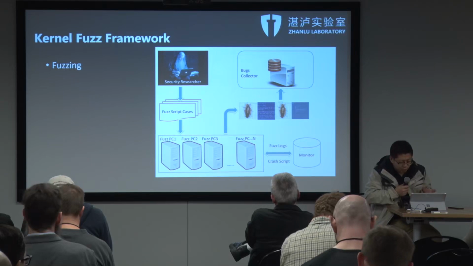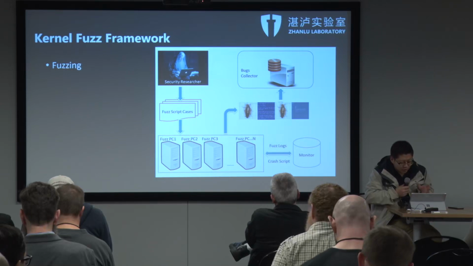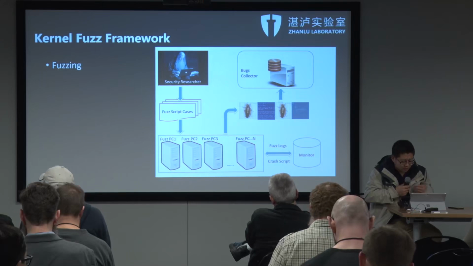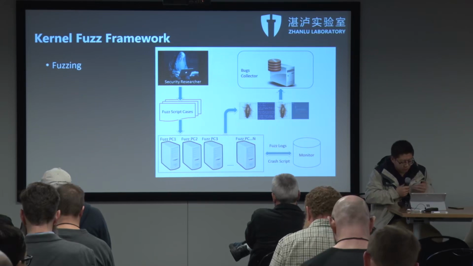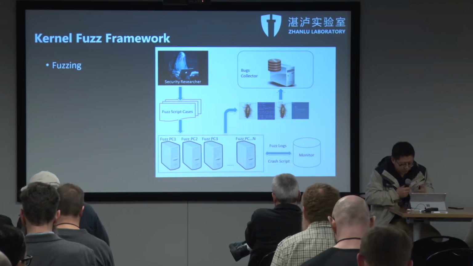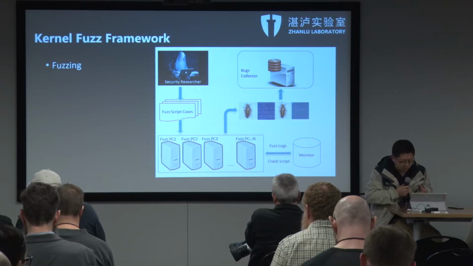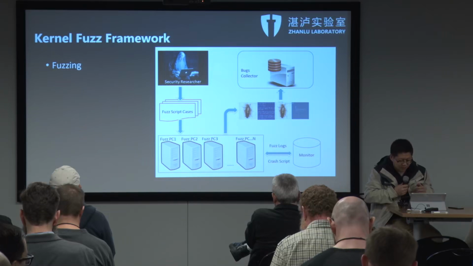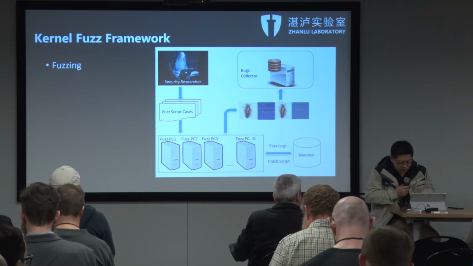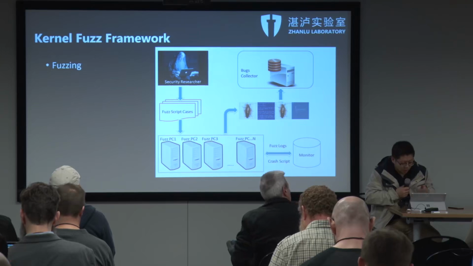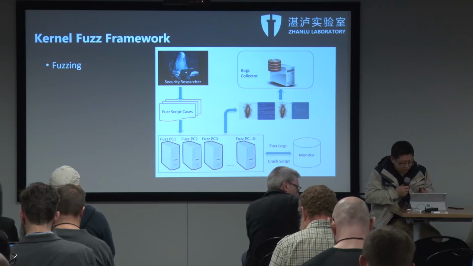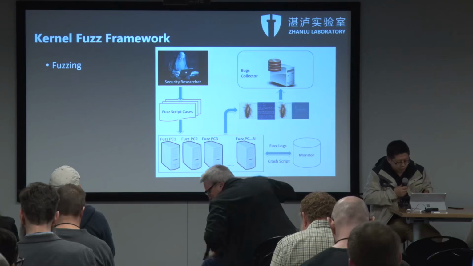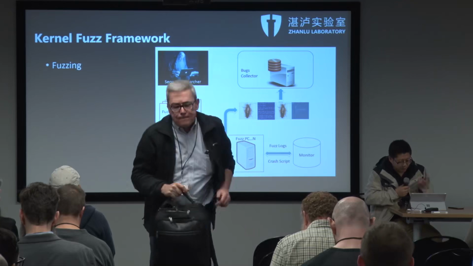Then we put the test cases into the fuzz machines and run every case. At the same time, we need a bug monitor to capture the occurrence of a system crash, and we need to save the dump and the script that causes the system crash. Of course, we need to write down some logs to help us improve our fuzzer.